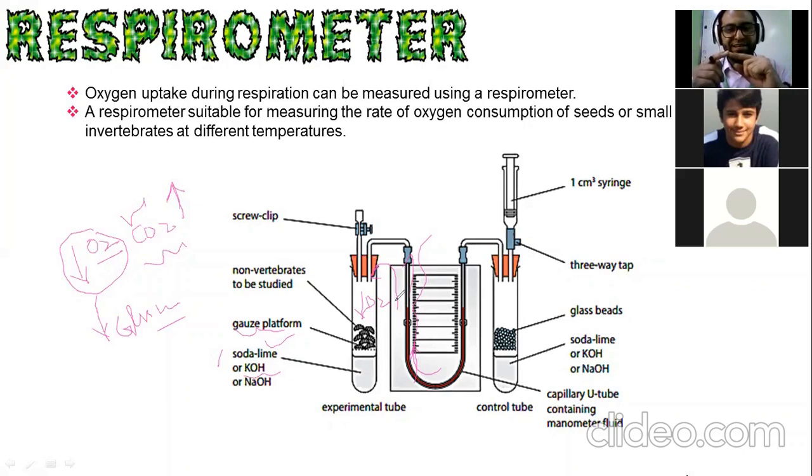Am I clear? Yes, I mean the difference between carbon dioxide and oxygen. Listen very carefully. If oxygen consumption is more and carbon dioxide is less, this liquid will go a little bit up. It means that in the presence of glucose, carbon dioxide and oxygen are the same, so this liquid will not move if there is no soda lime.